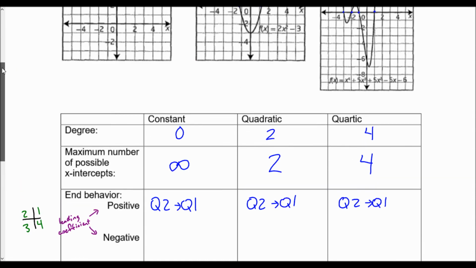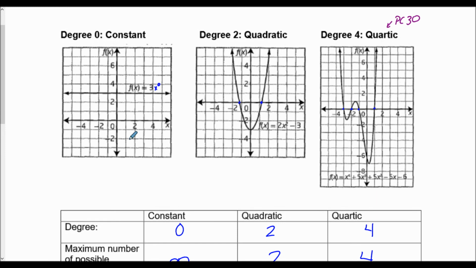If by chance we had negative leading coefficients, so if f(x) was, say, negative 2, or if we change this to be a negative 2x squared, it actually had to be, we'll change it to plus 3.